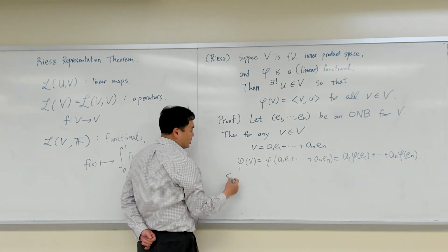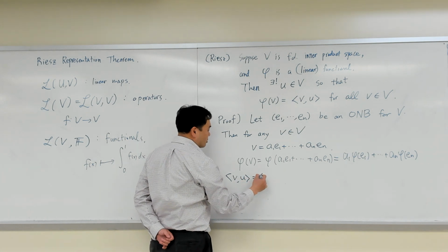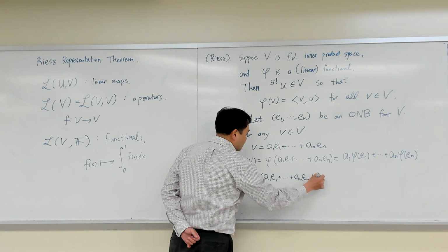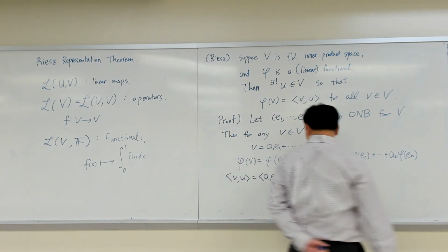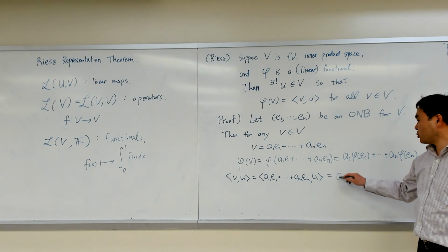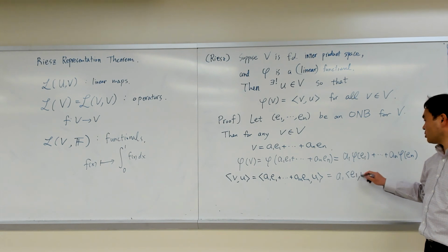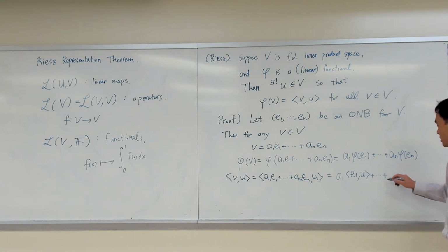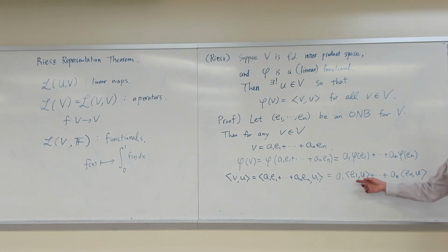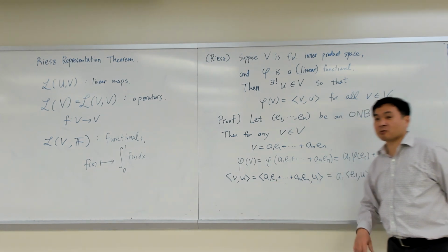So I want to do the inner product of V and U, which is A1 E1 plus and so on plus AN EN, inner product with U. But that's going to be equal to A1 times E1U plus and so on plus AN times ENU, because we know that the inner product is linear in the first argument, right?